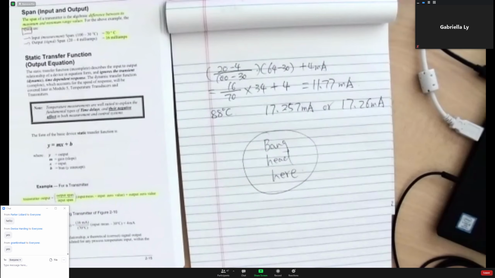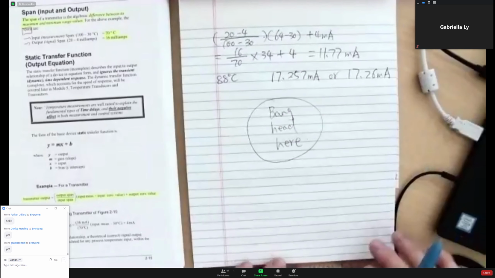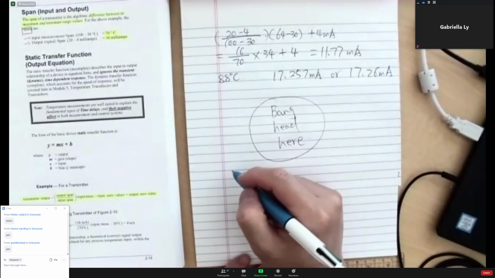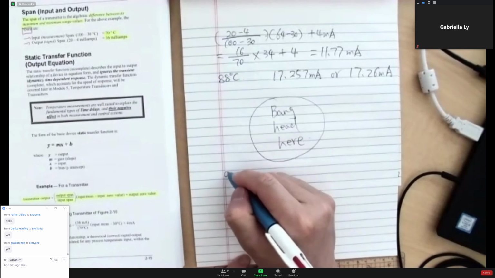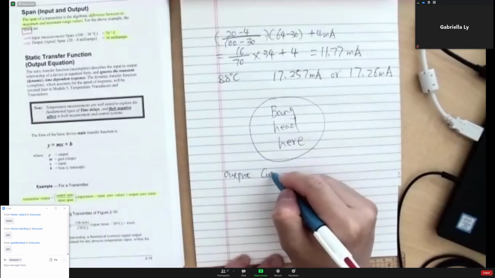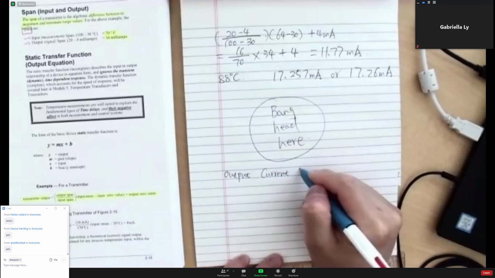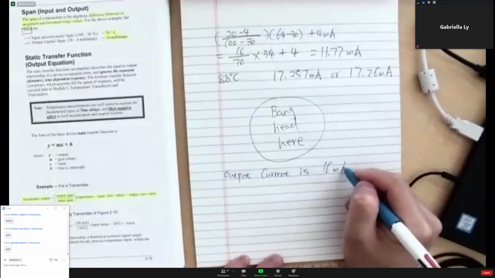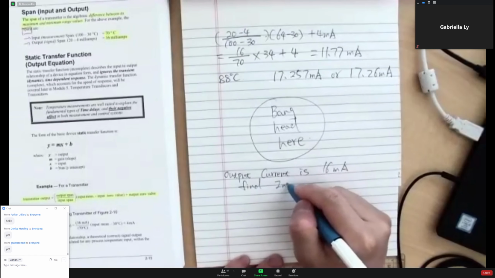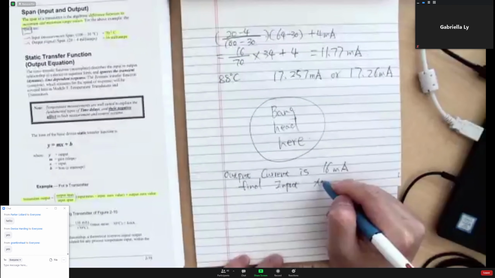What if now for the same question, what if the output current is at 16 milliamps? Can you find the input temperature?